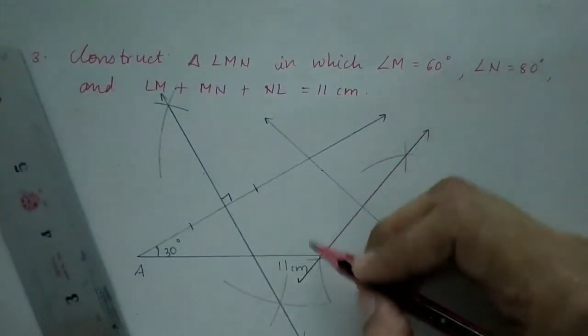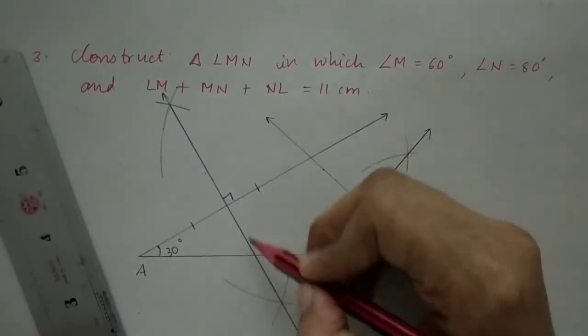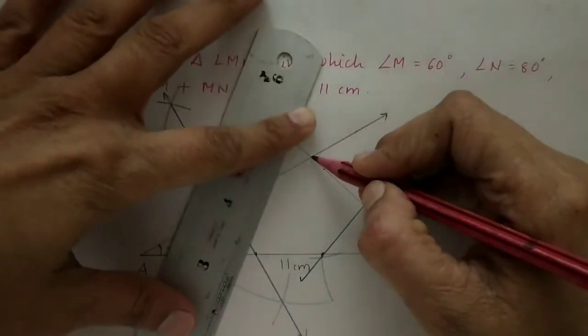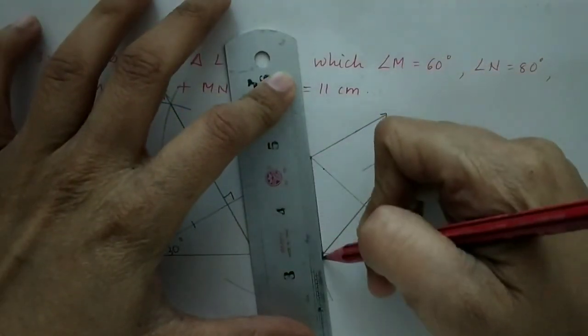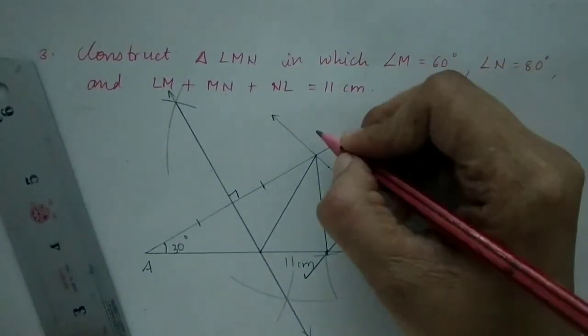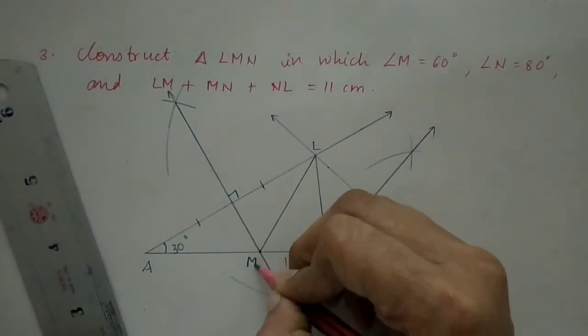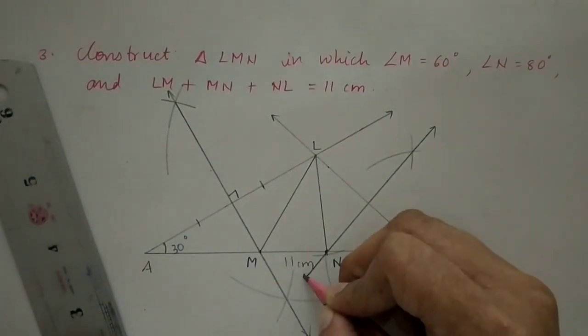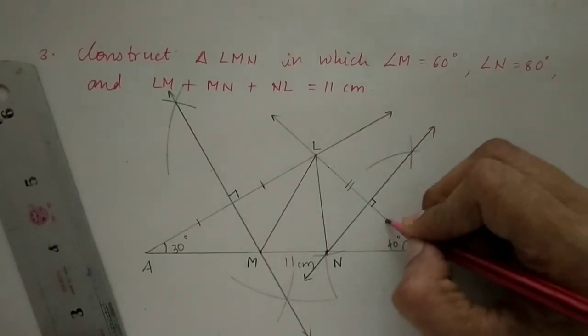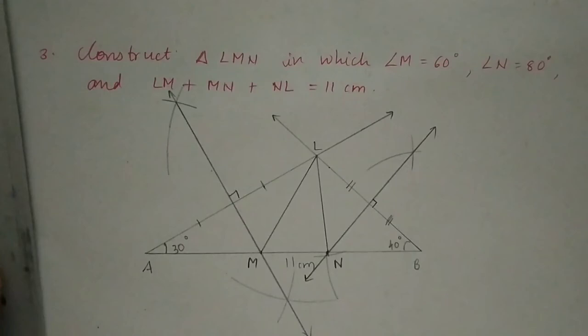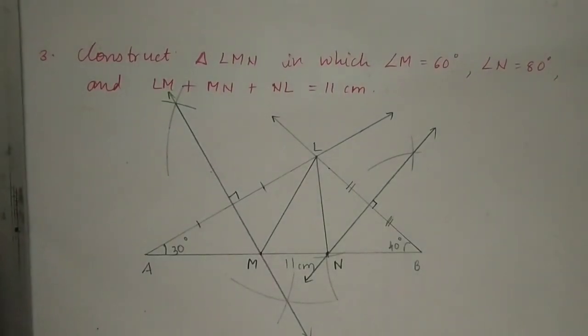Okay, so I have got this point on the base. These are the two angles at the base and this is the vertex at the top. When I join them, I will get my triangle LMN. Okay, similarly this is a perpendicular bisector, so this is equal to this. So this is your figure.